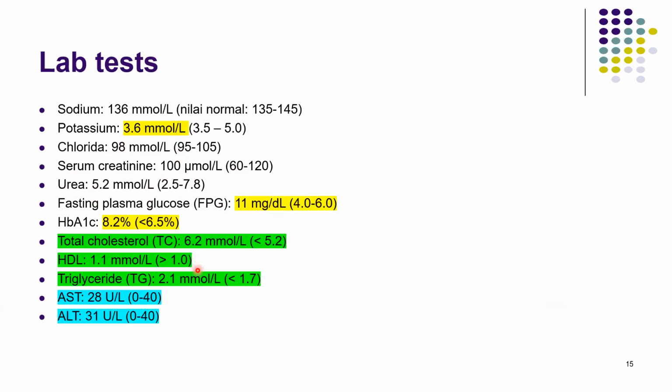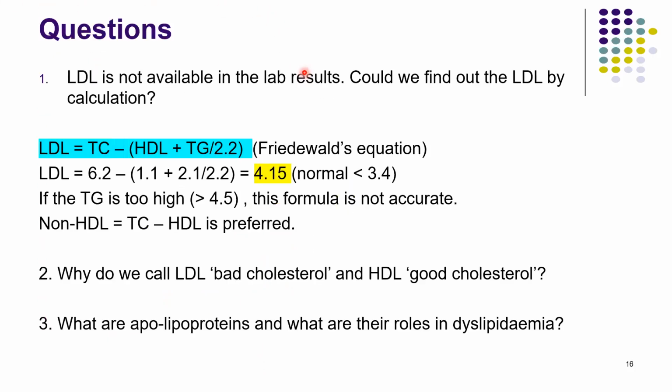These are just for reference. Then triglycerides, AST, ALT. I highlighted them because later on it is important. These are still within normal limits.